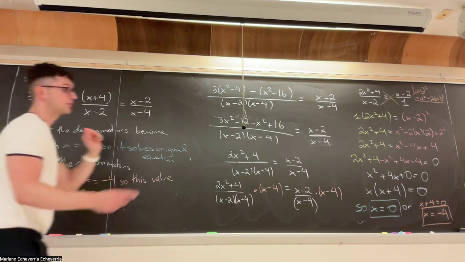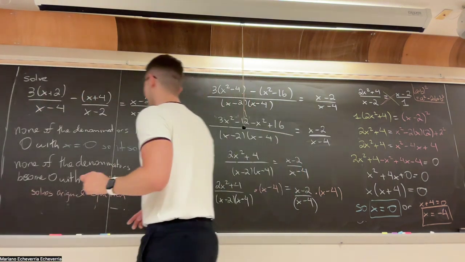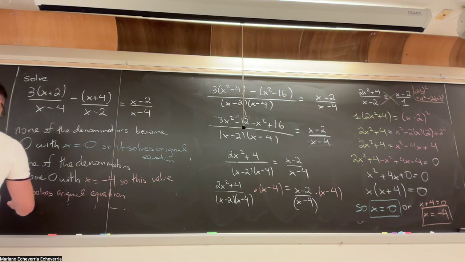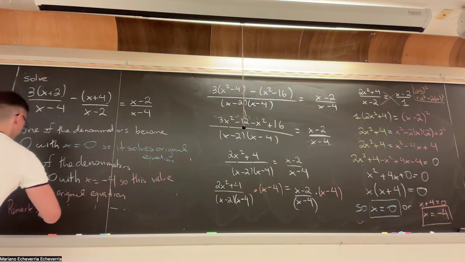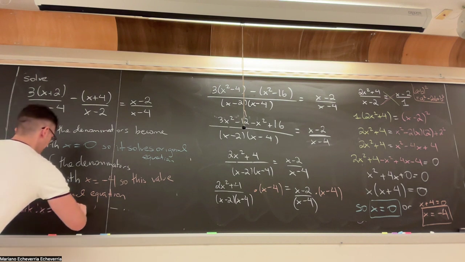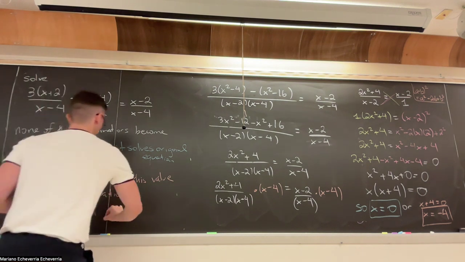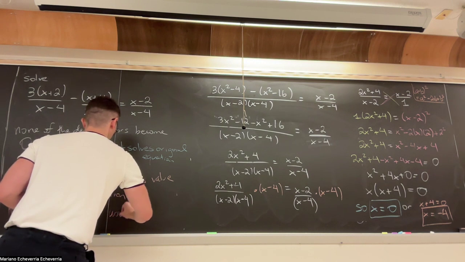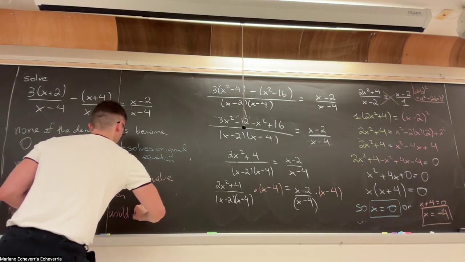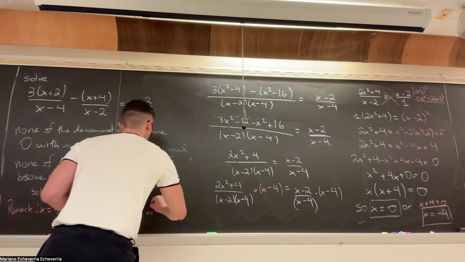If we had found one of those two values, we could not have used them. x equals 4 or x equals 2 would have been problematic, since they would not solve the original equation.